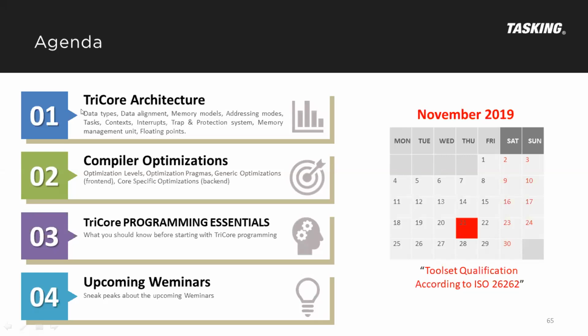So we will see in this part the different optimization levels and how you could use the optimization pragmas for your use cases, and we will see as well the independent core optimization algorithms like generic optimizations or the front-end part of the compiler, and we will see as well core-specific optimizations, which are the optimizations related to the core, and sometimes it's called back-end optimizations. So this is the first part of the session.